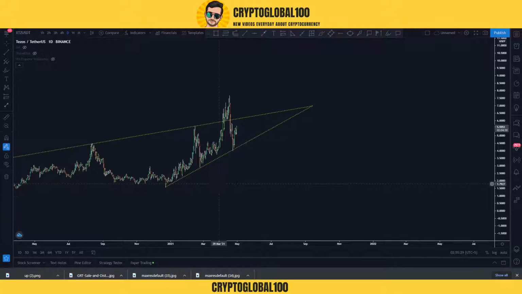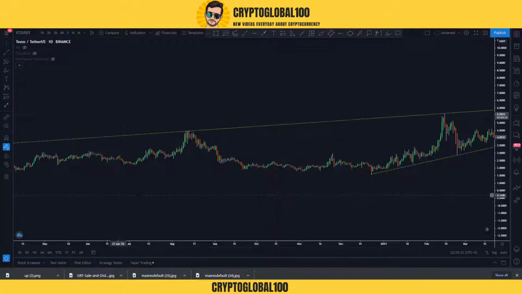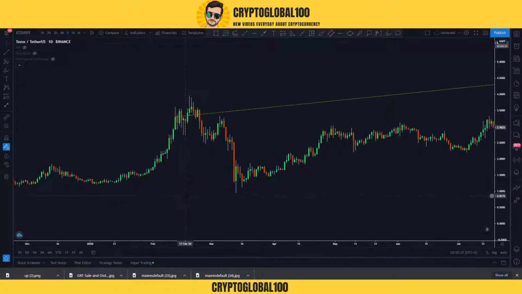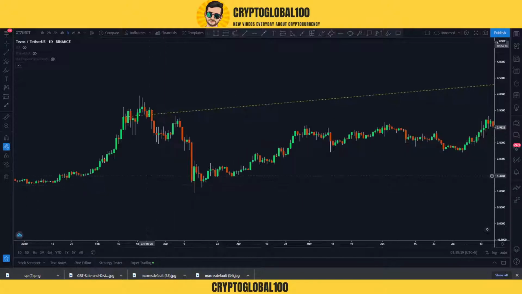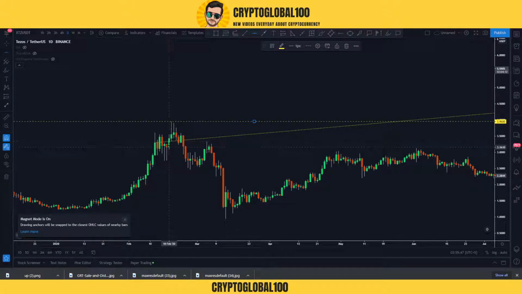So now let us draw the horizontal support and resistance so that we can have an idea. I'm going to draw from the historical data so that we can verify. Let me turn on the magnet. This was the swing high, this one the swing low, and after that we went down.